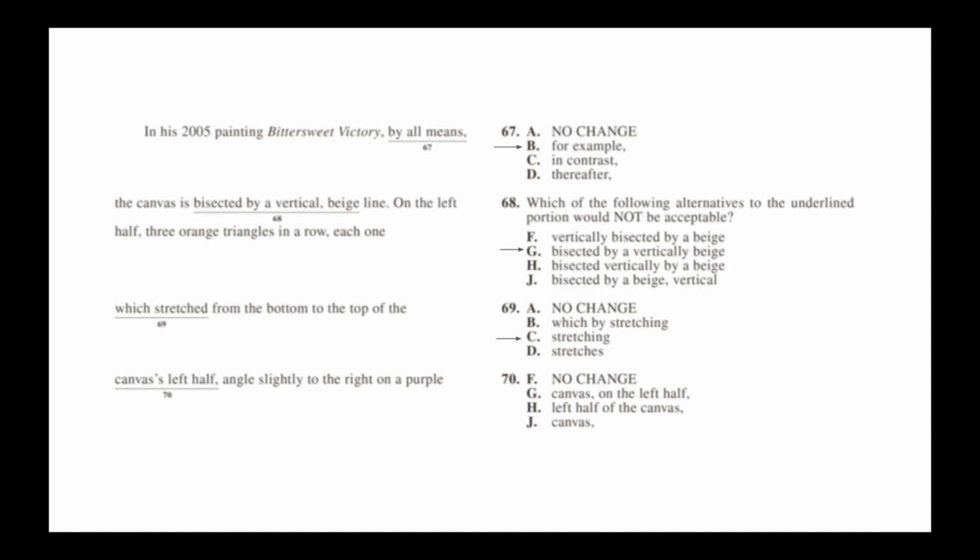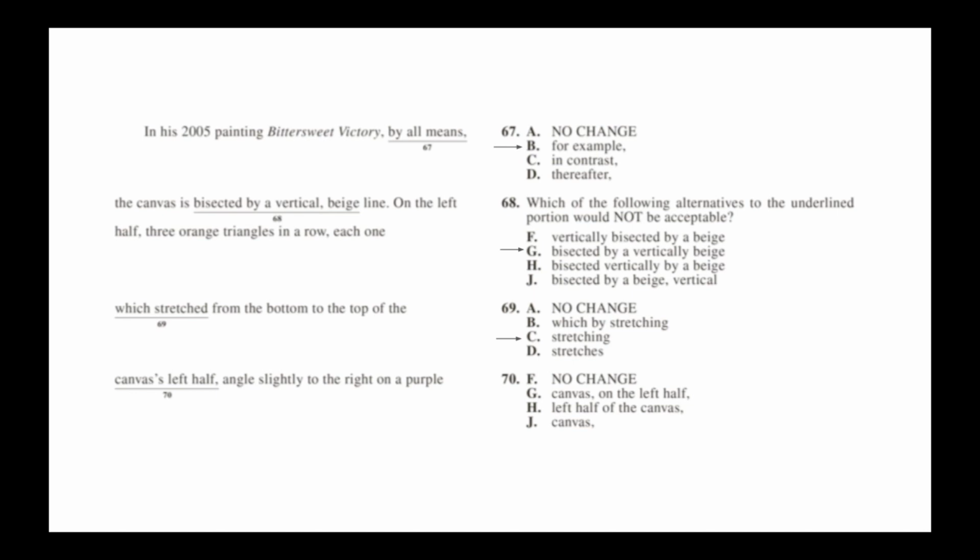So I'm going to start at the beginning of this paragraph. In his 2005 painting Bittersweet Victory, for example, the canvas is bisected by a vertical beige line. On the left half, 3 orange triangles in a row, each one stretching from the bottom to the top of the canvas's left half, angle slightly to the right on a purple, blah, blah, blah.